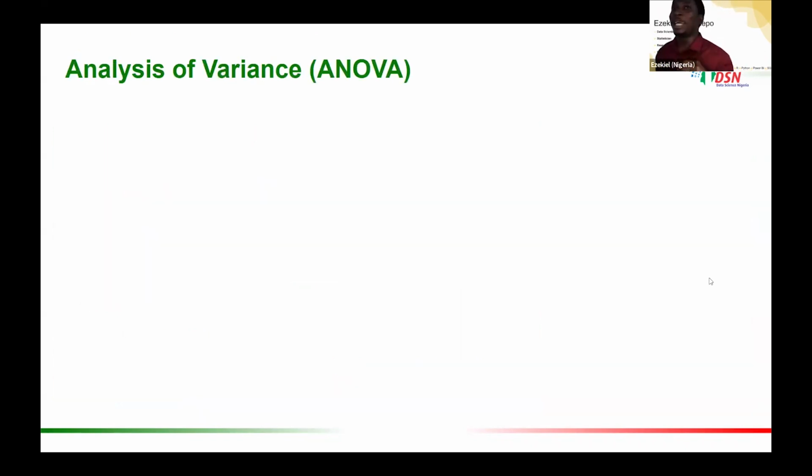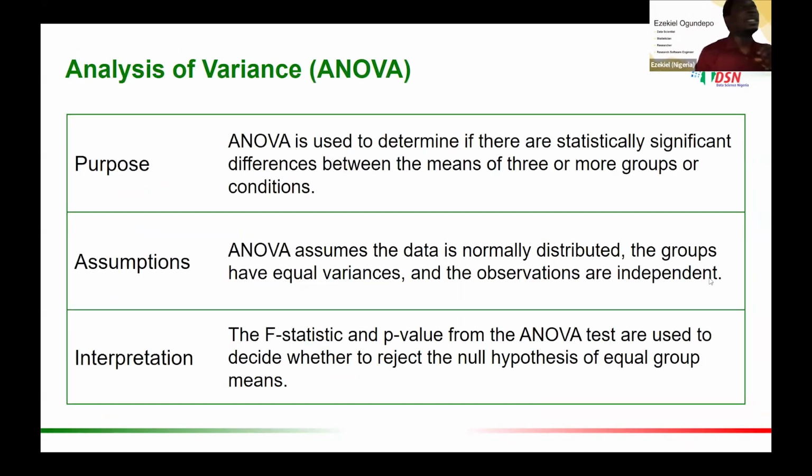Then we have analysis of variance. Most people in biological sciences always use ANOVA. If you master ANOVA very well, you can be catching running, right? ANOVA is called analysis of variance. This is where you are testing whether the means differ when you have groups that are more than two.